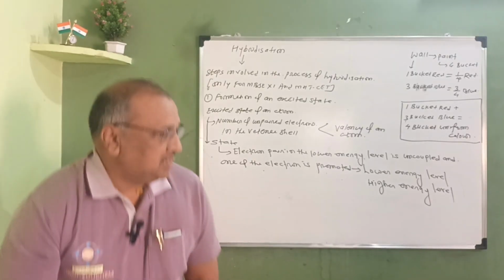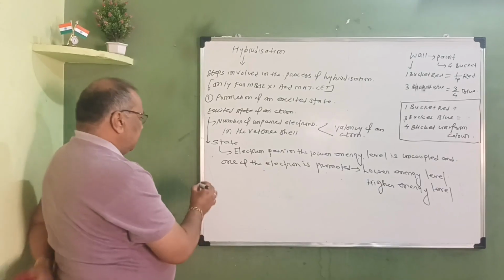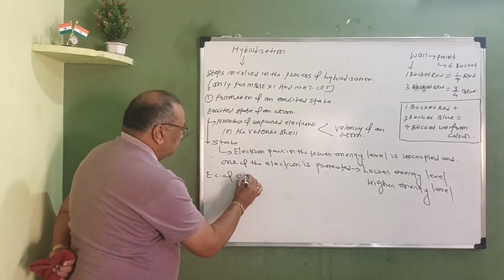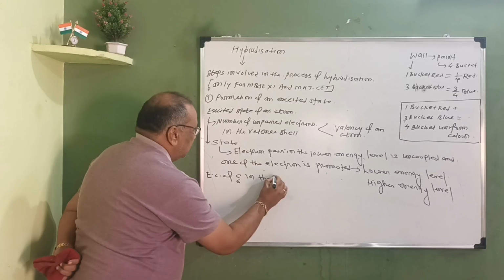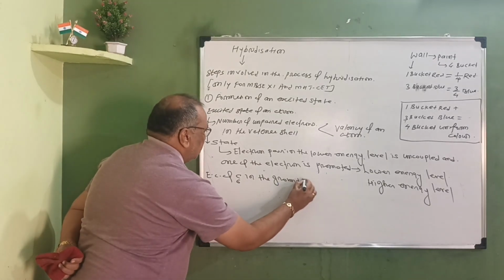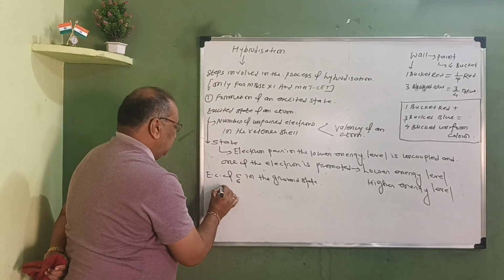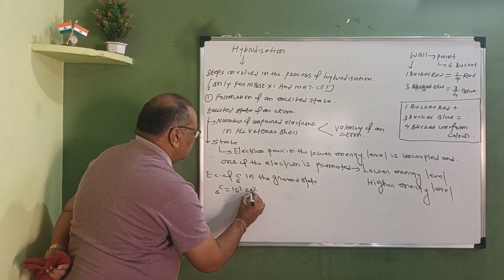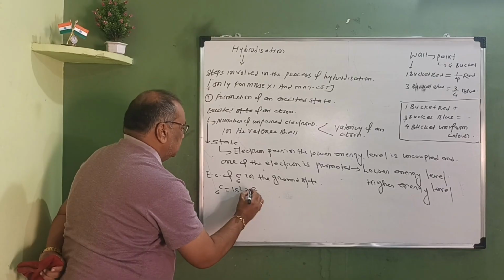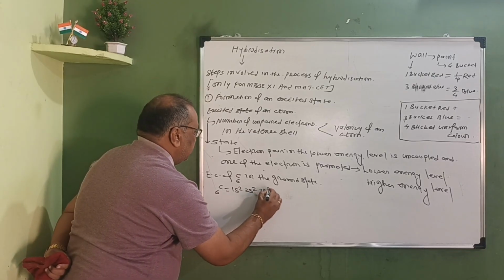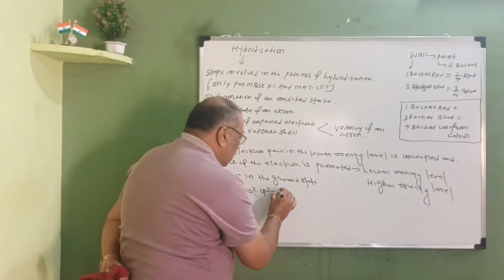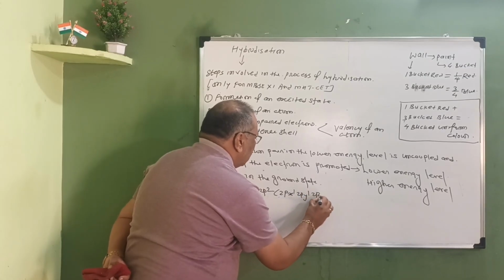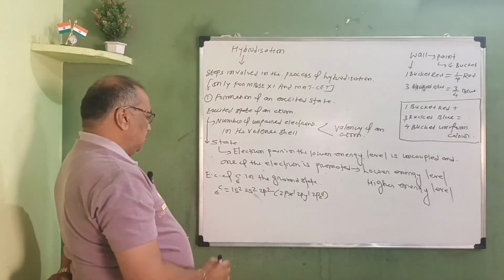Now let us consider the electronic configuration of carbon in the ground state, which is 1s2, 2s2, 2p2, that is your 2px1, 2py1 and 2pz0.